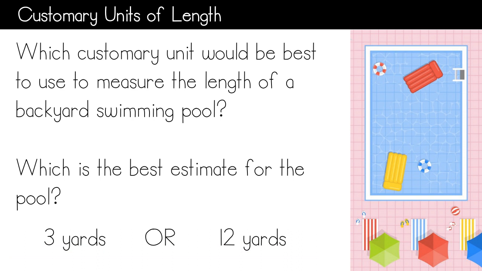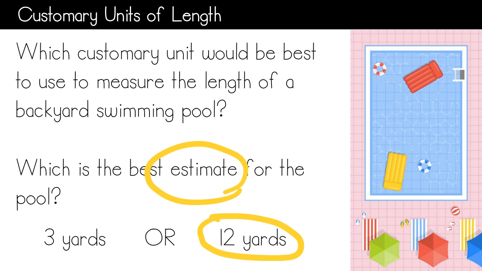If you said yards, you are correct. Now, what would our best estimate be for the pool? We know it's yards. Would 3 yards or 12 yards be a better estimate for our pool? If you said 12 yards, you are correct.